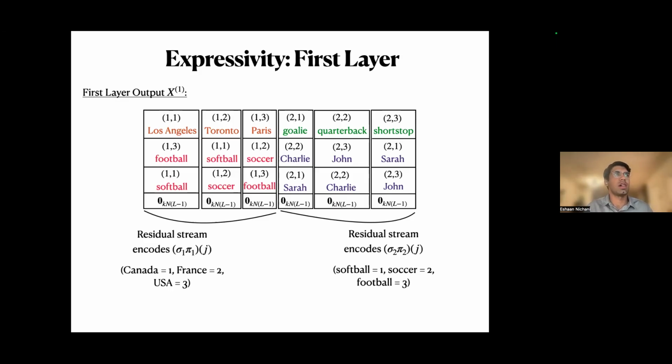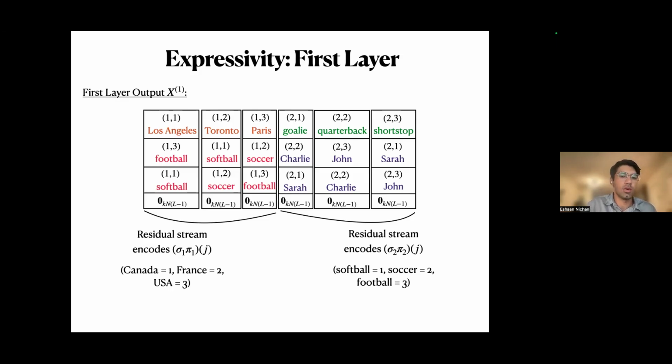The depth L is log K, and so the embedding dimension is Kn times log K. There is a specific block corresponding to the output of each layer, such that when you pass it into the next self-attention layer, the output gets written to a new block of all zeros and doesn't overwrite any information that had previously been written. Great, thanks for the question.